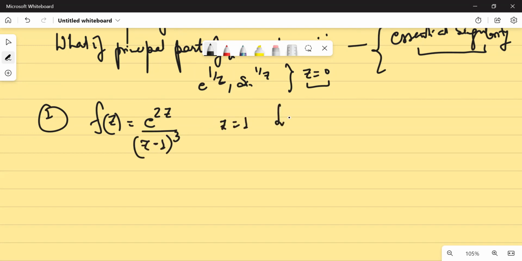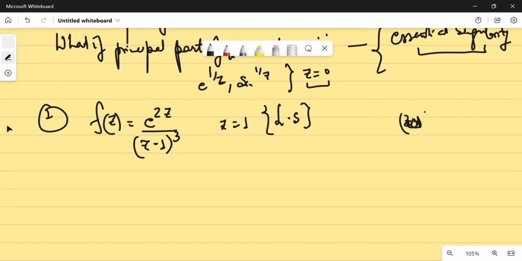So I want a Laurent series expansion for this particular function about z equal to 1. That is, my Laurent series will contain terms of z minus 1, some regular terms and all those things. Expand this function f of z in a Laurent series about the point z equals 1. z equal to 1 is clearly a singularity.